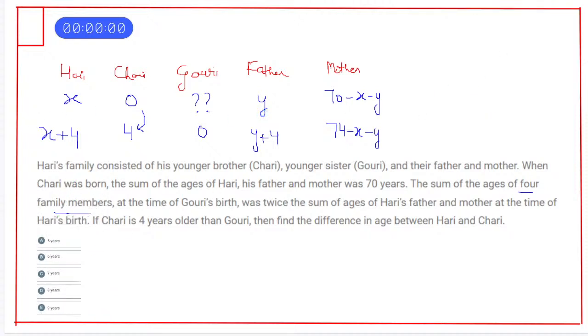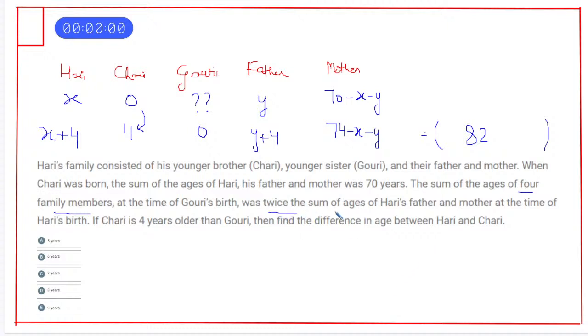When I add all of them, x and y will get cancelled out. It is 78. Sorry, 82. This is the sum of ages of all 4.